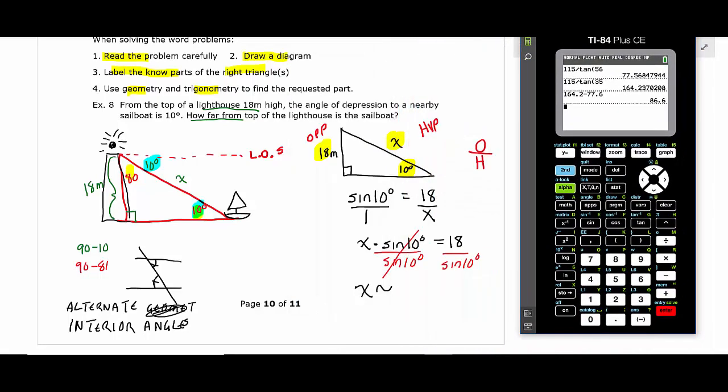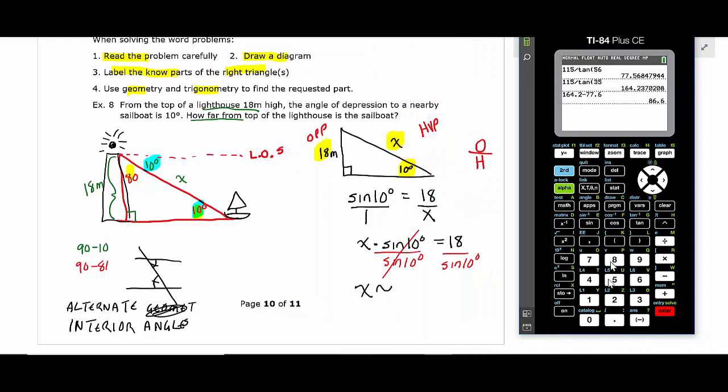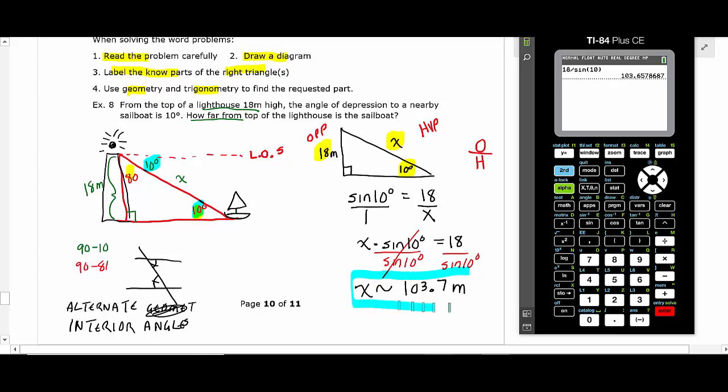So I'll go 18 divided by sine of 10 degrees. And then we'll round that off to maybe 1 decimal. So the answer to the problem is 103.7 meters. That's it.